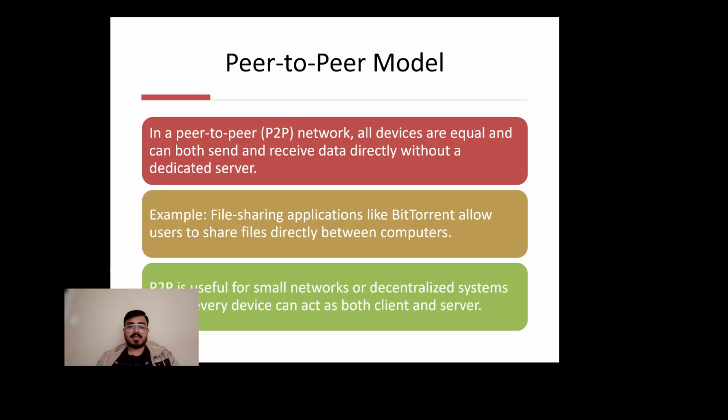For example, file sharing applications like BitTorrent use P2P, where users share files directly with one another instead of downloading them from a single server. Another example is Bluetooth file sharing. When you send photos from your phone to another phone, both devices act as peers. P2P is fast for small groups and doesn't rely on big data centers.